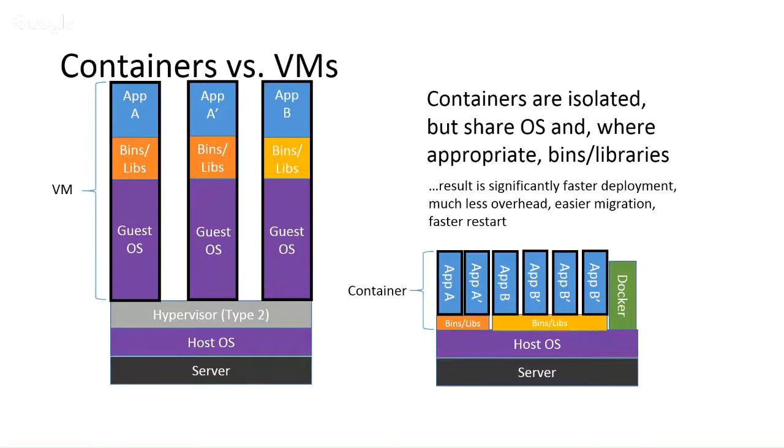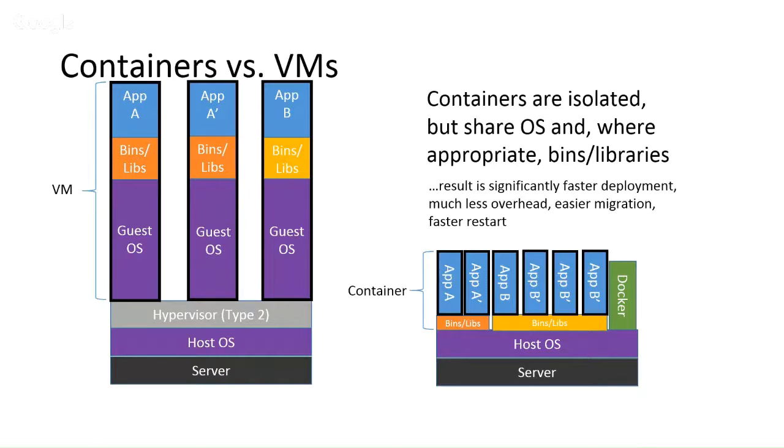But when it comes to Docker, you will have a server. You install a host OS on top of the server, and you install the Docker daemon, and it will use Linux LXC namespaces, so you don't have to run a guest OS. So it's just running a container.